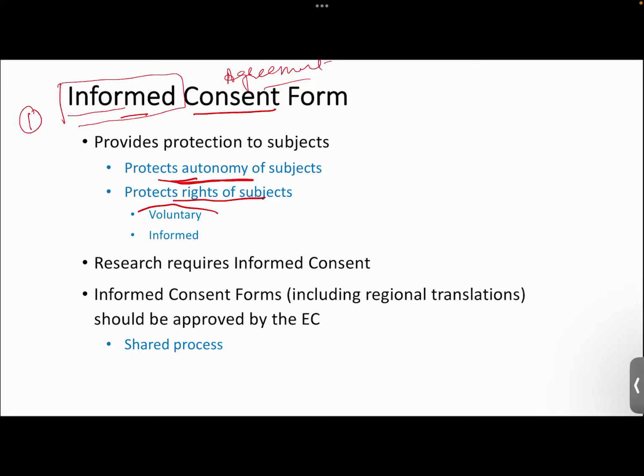Now, can you see the word voluntarily? It is literally coming from the Nuremberg Code, which came into existence after the Nazi atrocities. And the patient must be well informed. Research requires an informed consent form. It is illegal to do research without one.